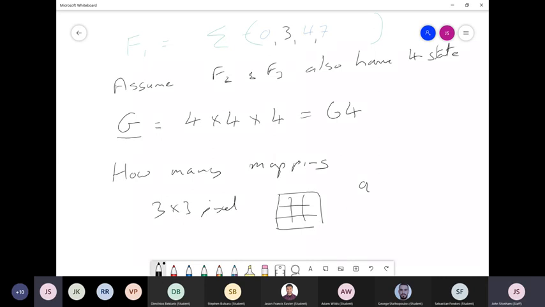I could select any of the 9 pixels. The choice for the second pixel to drive the first interval, 8 left, 9 times 8. And for the third one, 7. That's the number of possibilities for the first interval. The second interval, we have a choice of 6 by 5 by 4. And for the last one, 3 times 2, and there's 1 pixel left over.